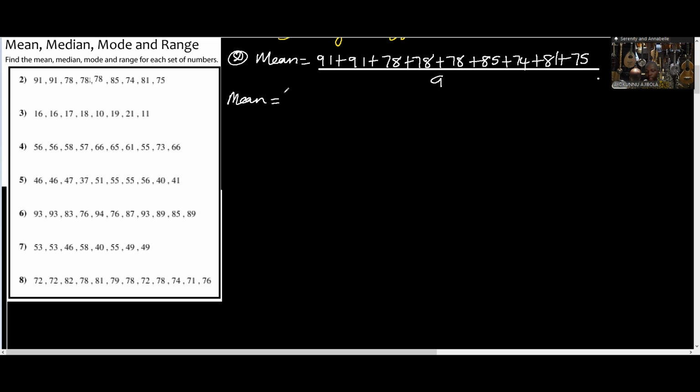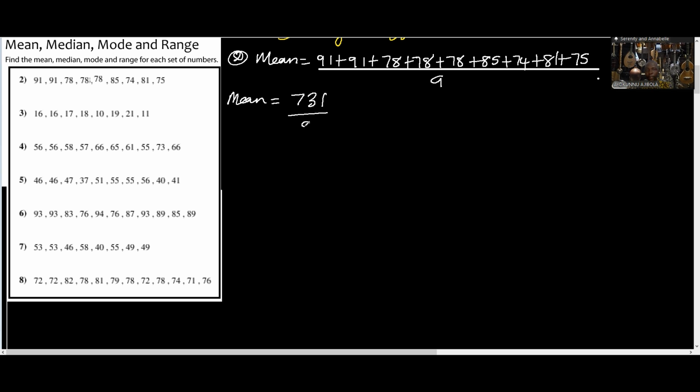Plus a 78, another 78, another 78, that is 416. Then plus 85 and 74. Then 81 and 75. So this gives me 731.